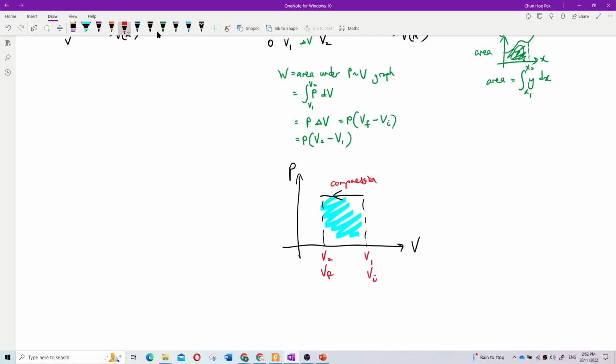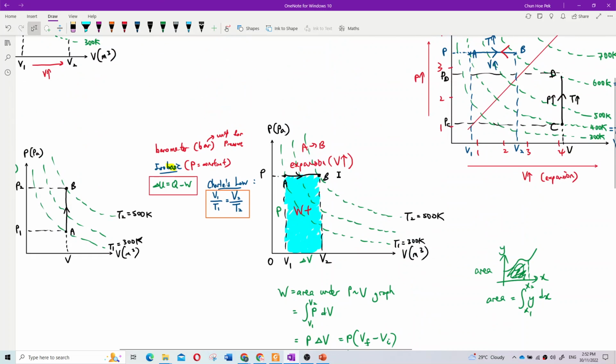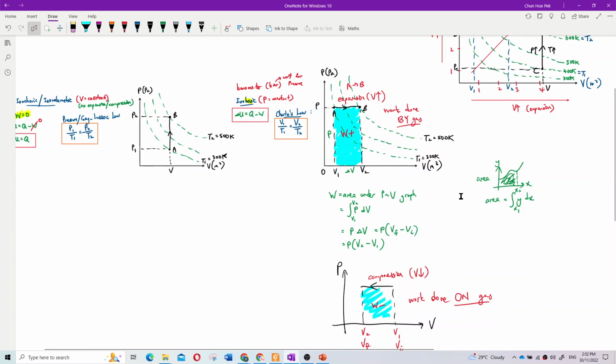This compression, work done is negative, class, because volume decreases. Compression is work done on gas. For expansion, it is work done by gas, which is positive work done. If the graph is going to the right, expansion, positive work done. If the graph goes to the left, compression, volume decreases, work done is negative.